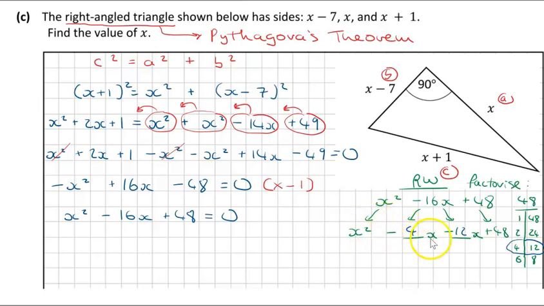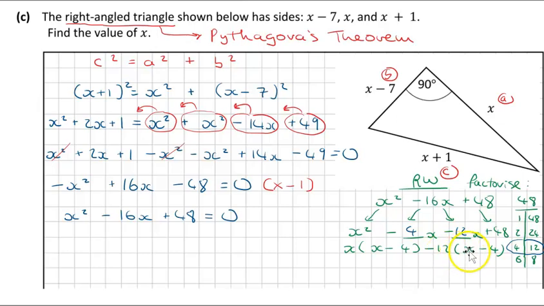So we factorize the first two terms. So x squared divided by x is x, and minus 4x divided by x is minus 4. So then we're going to factorize the right two terms, so minus 12x plus 48. So minus 12x divided by minus 12 is x, and 48 divided by minus 12 is minus 4.